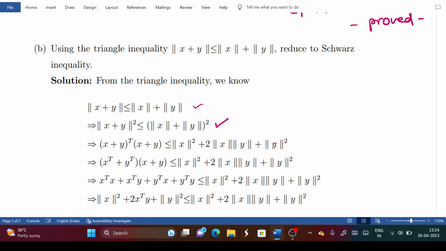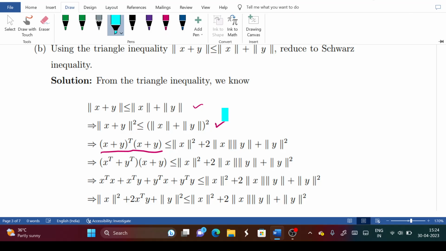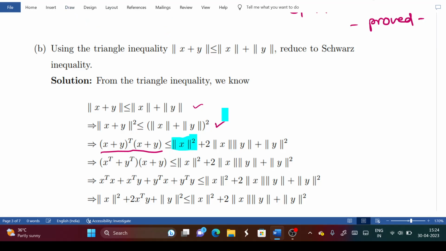We know the square of the norm of x is equal to x inner product with itself. So this is the square of the norm of x plus y, that is the inner product of x plus y with itself. Now this side, it is x square plus 2xy plus y square.